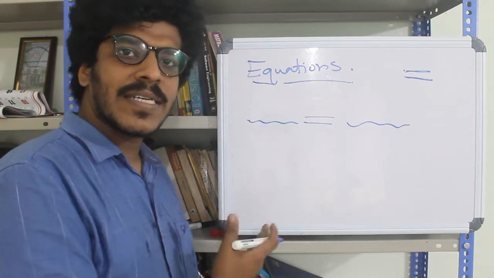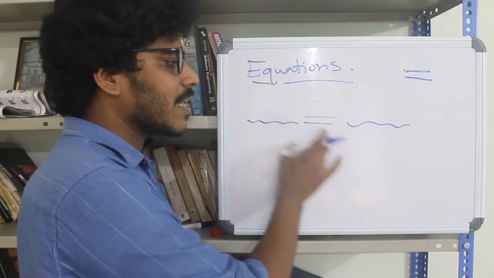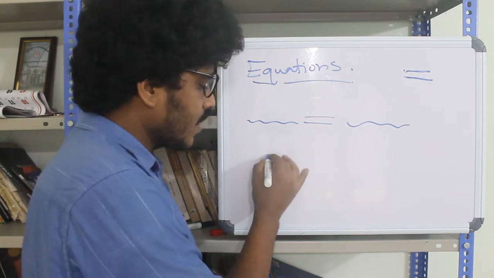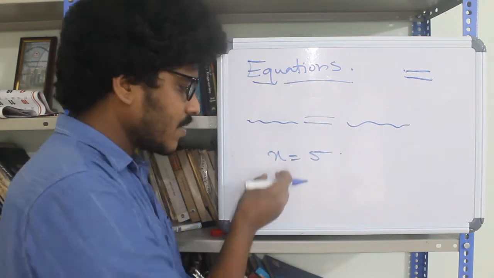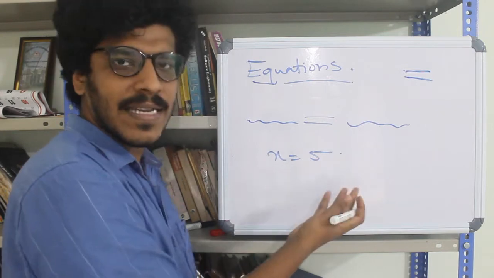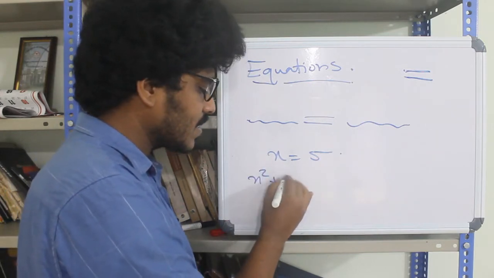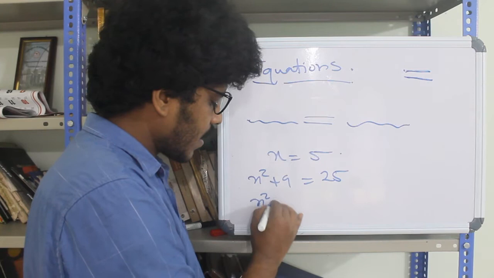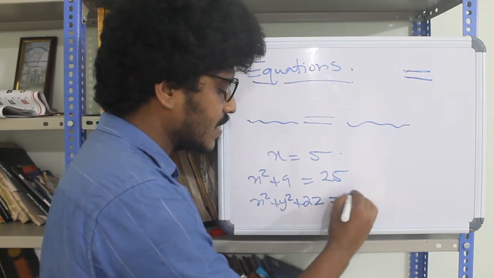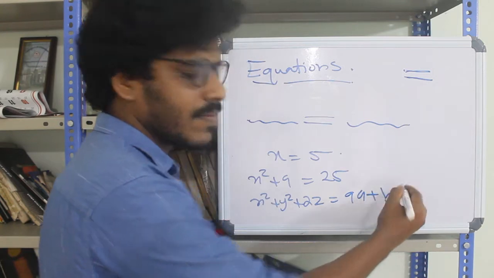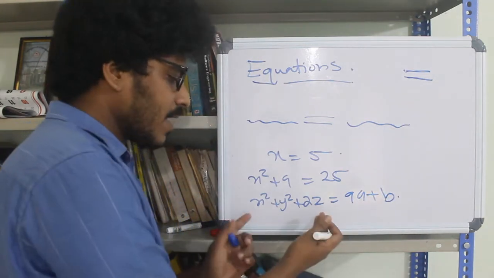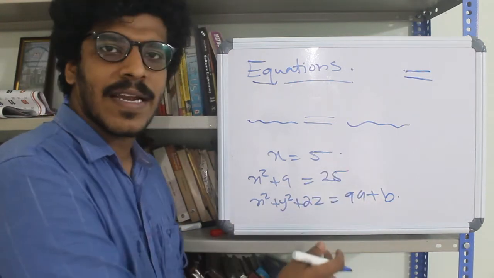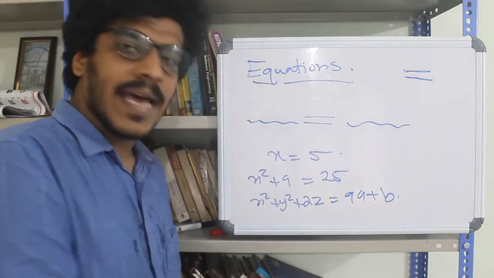For example, x equal to 5 is an equation where x is a mathematical statement and 5 is another mathematical statement. x square plus 9 is equal to 25 is another equation. x square plus y square plus 2z is equal to 9a plus b is another equation. We are connecting two mathematical statements with a sense of equality. Such a setup is called an equation.